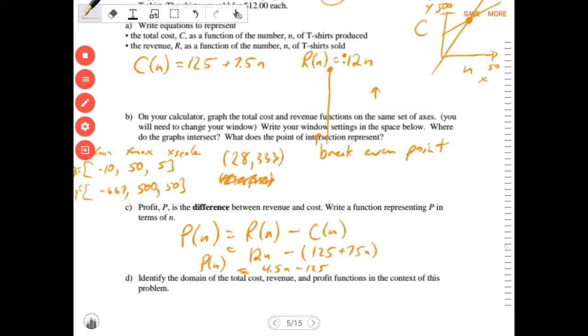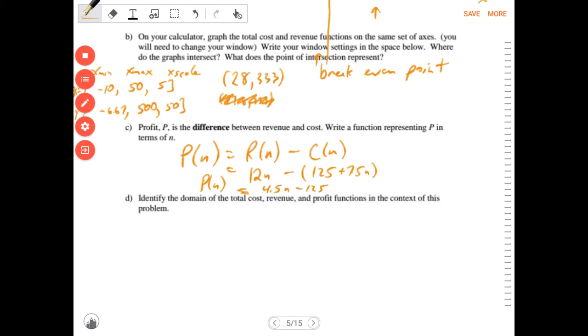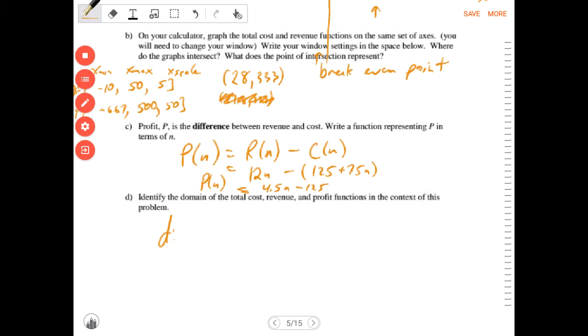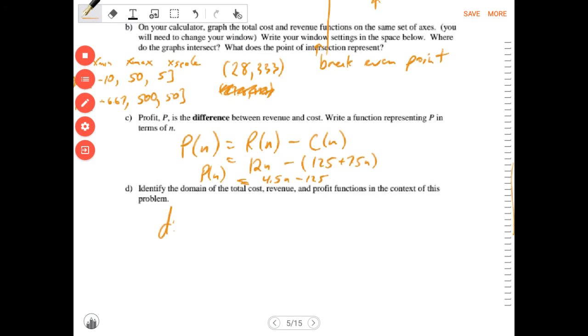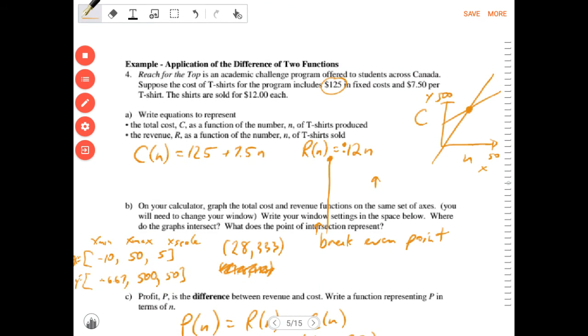And then identify the domain of the total cost, revenue, and profit functions. Now, the funny thing about this, the domain of the cost function: the total cost of all these things is 125.